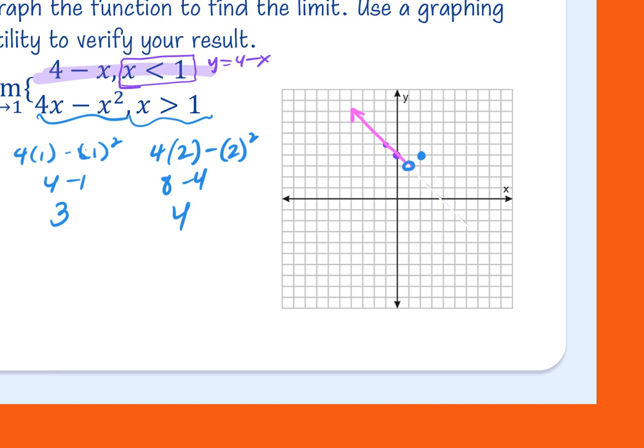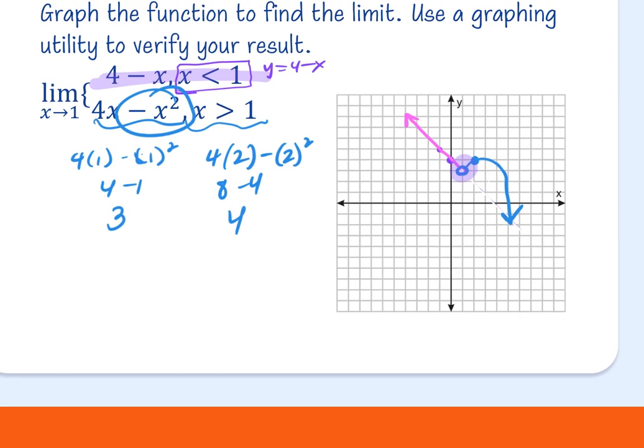And I actually don't care what's happening beyond this. My graph might go down since it points down, or it could have just gone down right from there. It doesn't matter. What I need to know is what's happening around the 1. And around the 1, my y value would be what? 3. So the limit of this graph is 3.